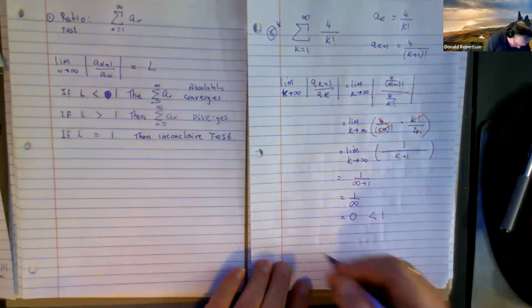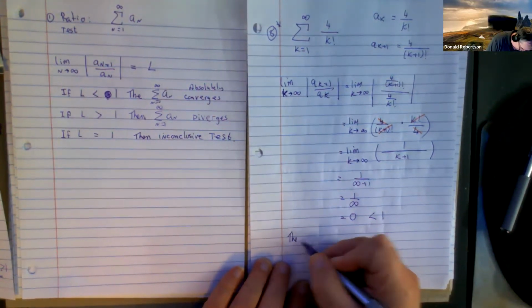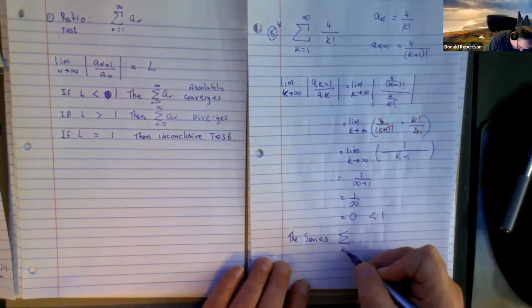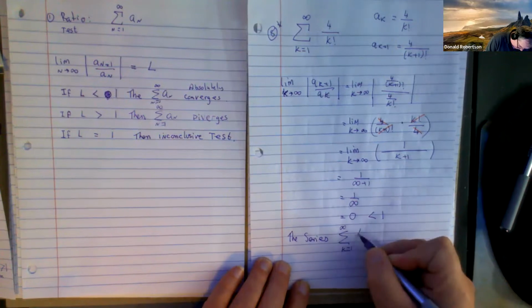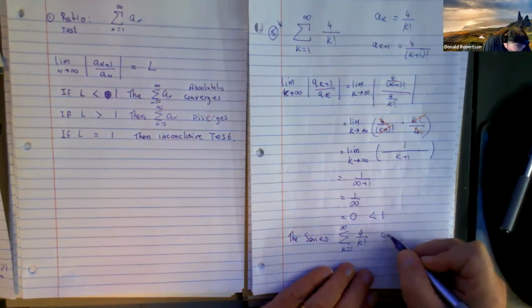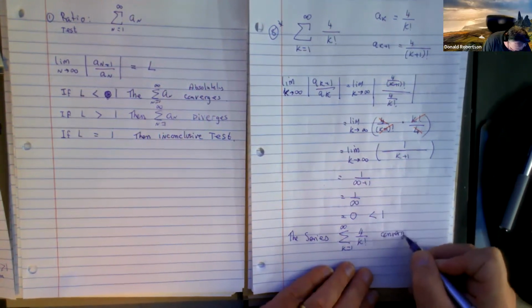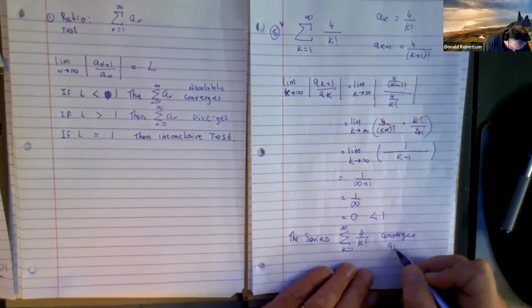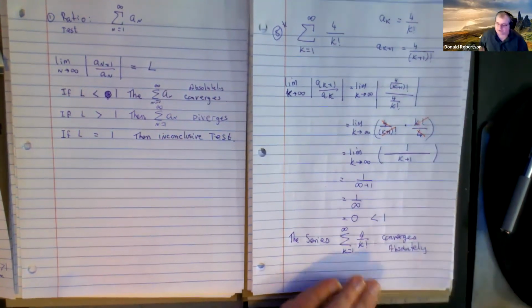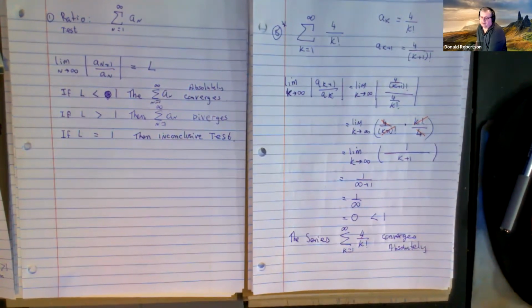So that means the series, the sum from k equals 1 to infinity of 4 to the k over k factorial, converges. Absolutely convergent is another way to say it. It converges, it's just a better version of converge.